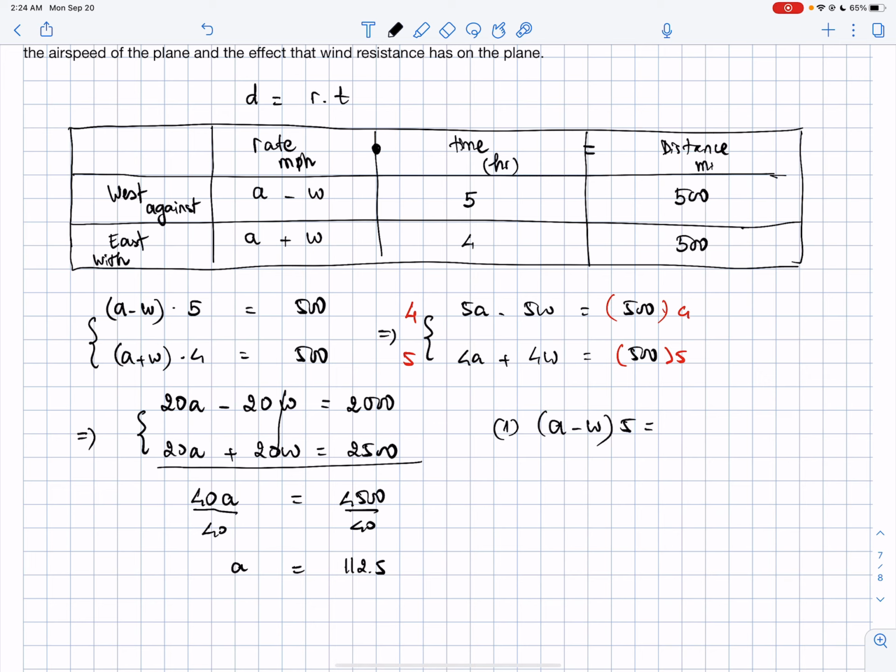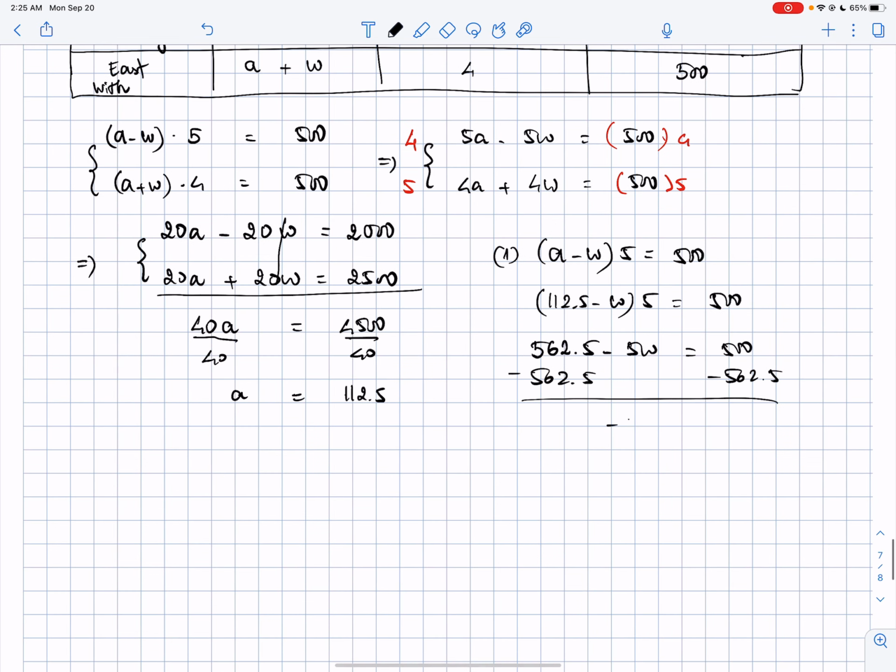So we have 112.5 minus W, times 5, equals 500. We distribute the 5, so we multiply 112.5 times 5 and get 562.5 minus 5W equals 500. We subtract 562.5 from both sides, so we get negative 62.5.